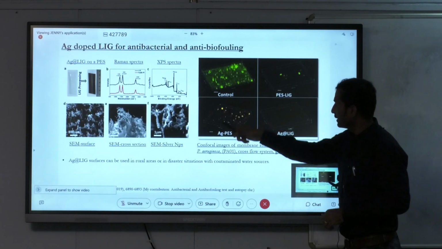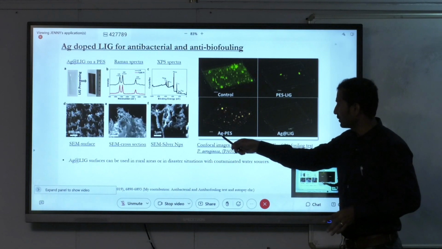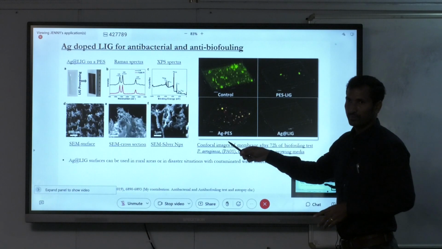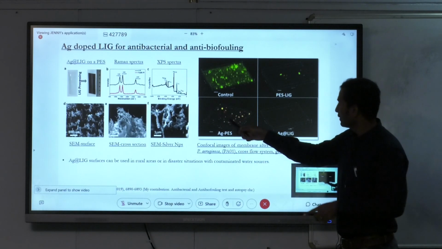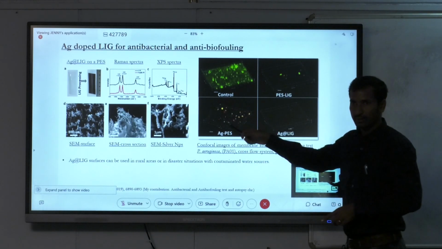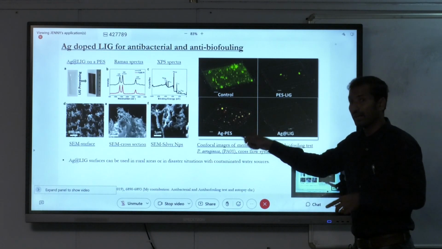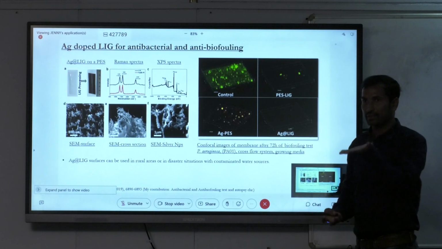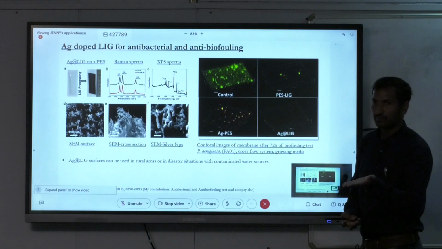In the third case, just silver-doped PES, silver nitrate doped PES. Since there is silver, it killed most of the bacteria, but still attachments are there. If there is attachment, of course, ultimately your flux, your water permeability will drop.